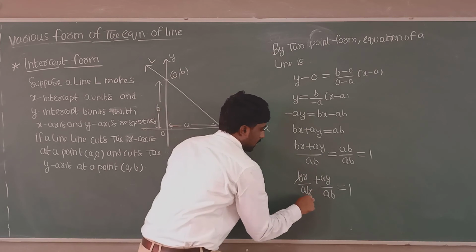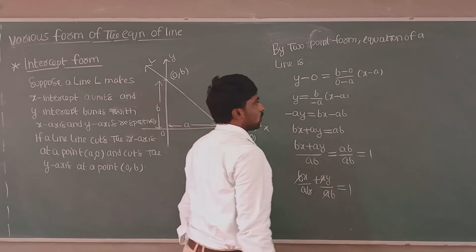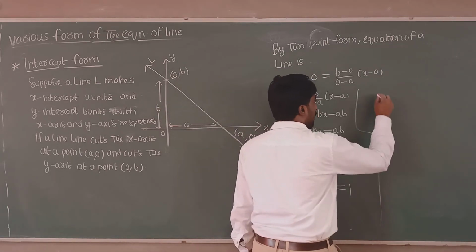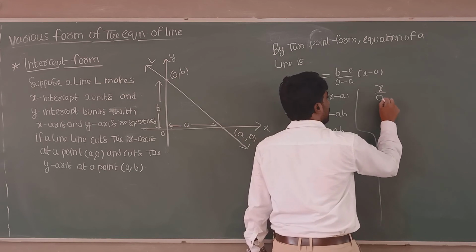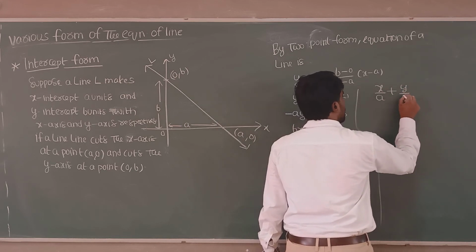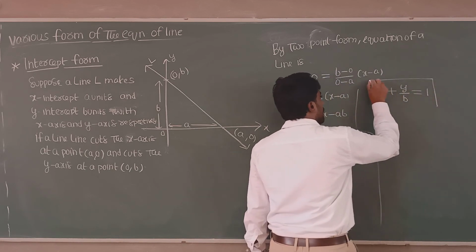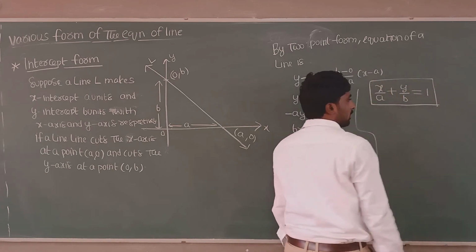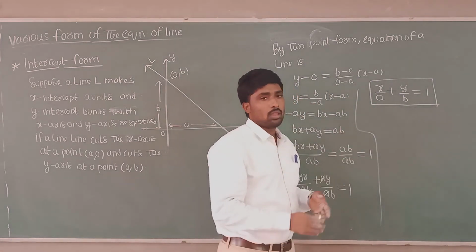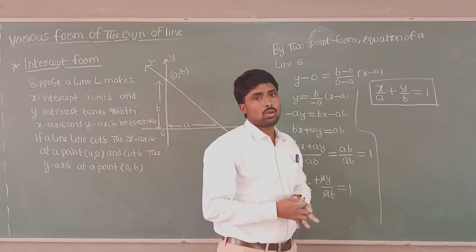So b and b get cancelled, a and a get cancelled. So finally what will I get as the equation here? x by a plus y by b equal to 1. Okay, is it clear everyone? So the intercept form of a straight line is x by a plus y by b equal to 1.